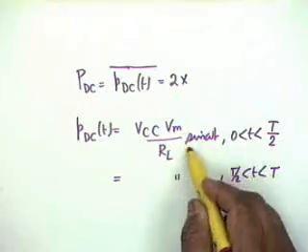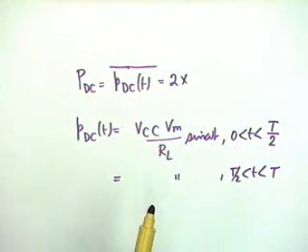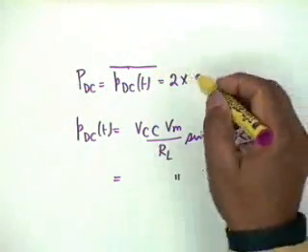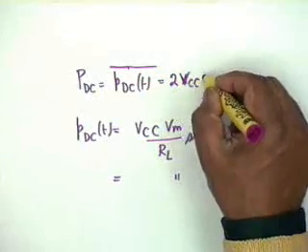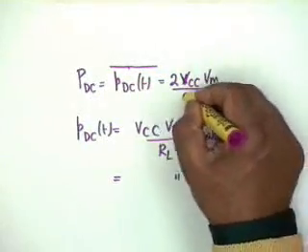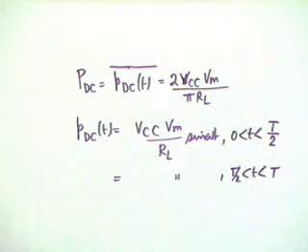What is the average of sin omega t over half the period? So it would be 2 VCC Vm divided by pi RL. Is that clear?